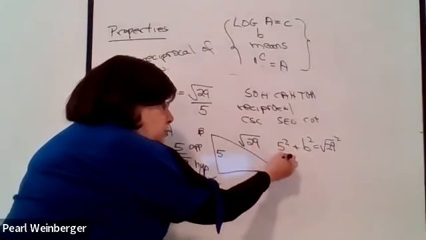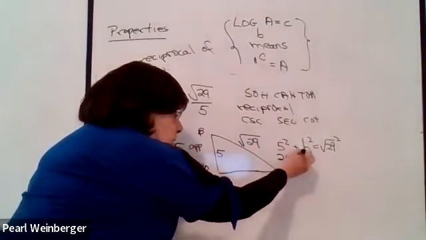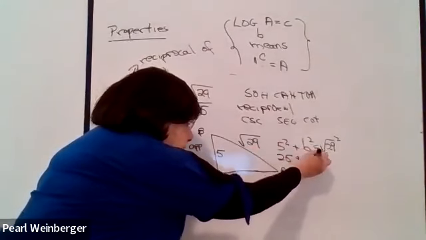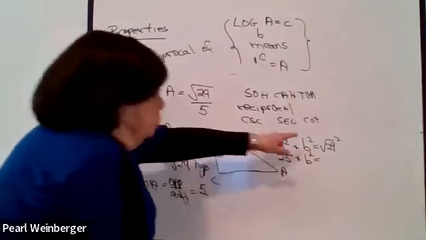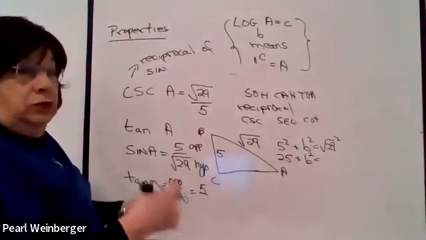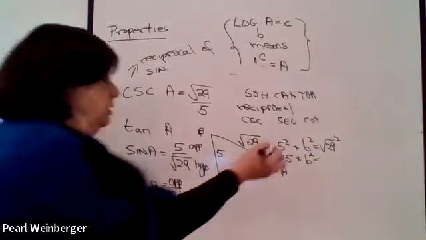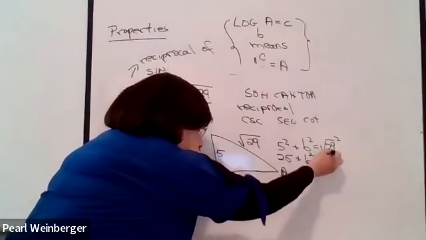So 5 squared is 25. B squared, we don't know, so we'll leave it B squared. The square root of 29 times the square root of 29 is just 29.